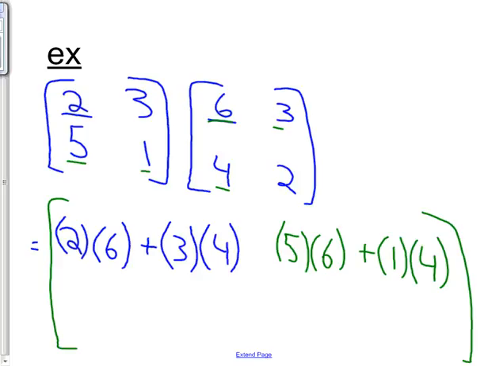And we'll do the second row. Take the first row guys, the 2 and the 3, and we multiply them by the second column guys, 3 and the 2. So it's going to be 2 times 3 plus 3 times 2.